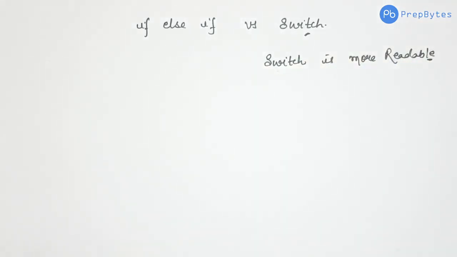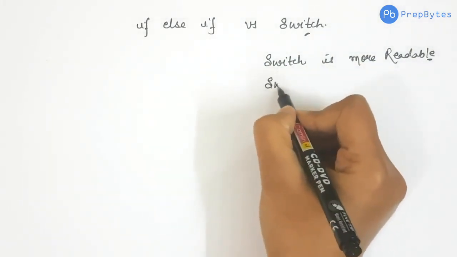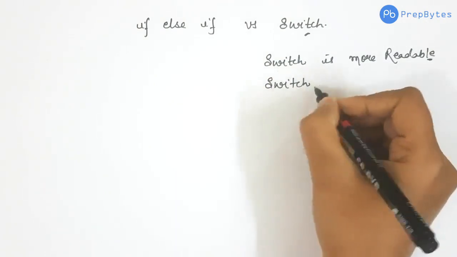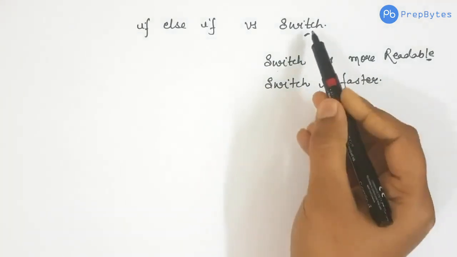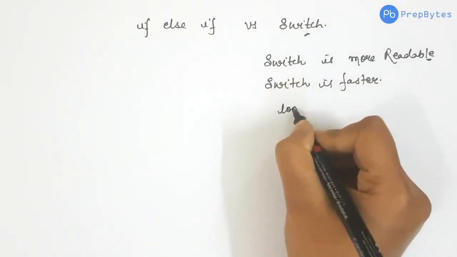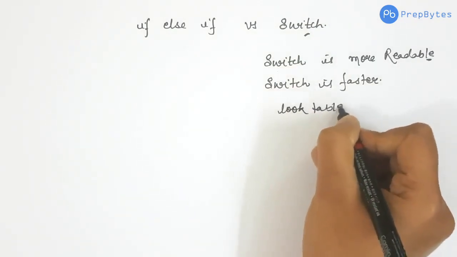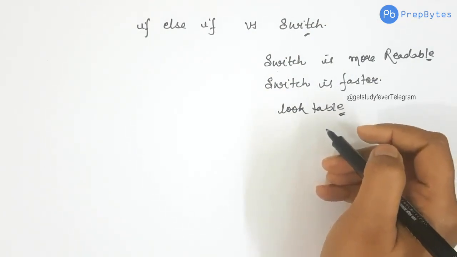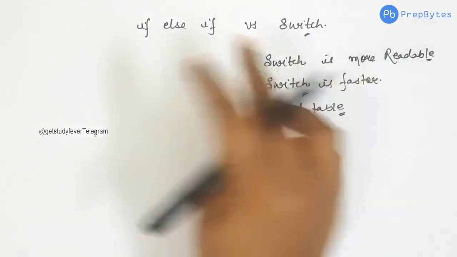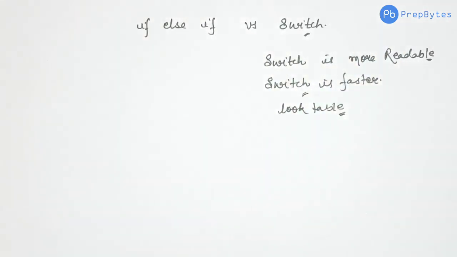Apart from that, for more than 5 cases, switch is faster, because for a switch statement a lookup table, or you can say a hash table, is created for the cases, due to which the access time for all the cases becomes constant. Hence, switch is faster compared to if else if.